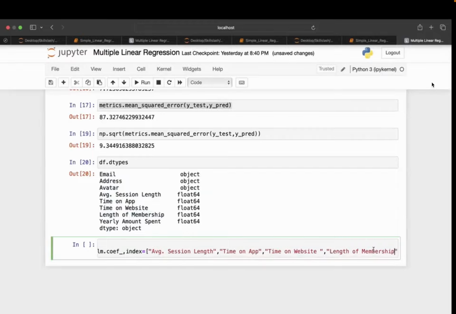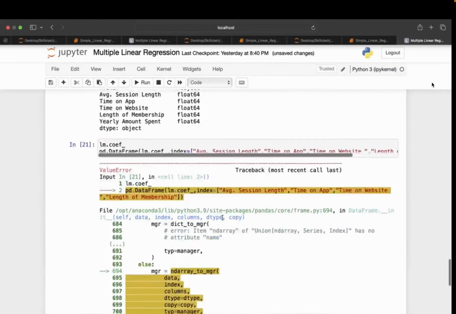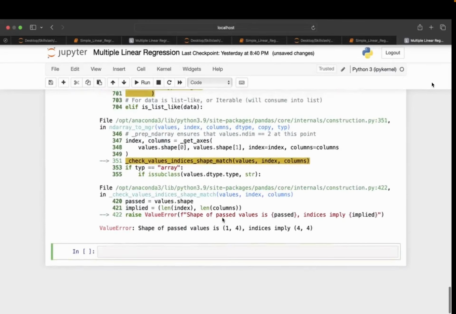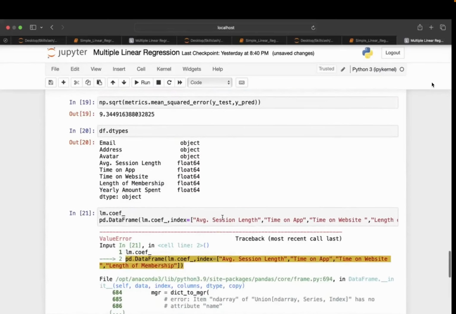Okay. So this is the index, how it is going to look like. The data will capture the value of lm.coefficient, and according to the column names, it will give me the coefficient value. Just let me check. lm.coefficient. This is my data.